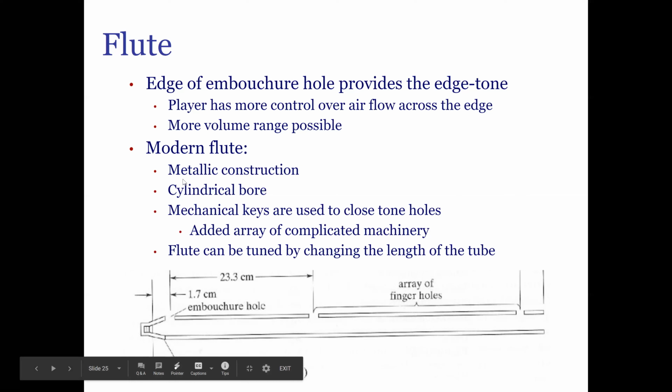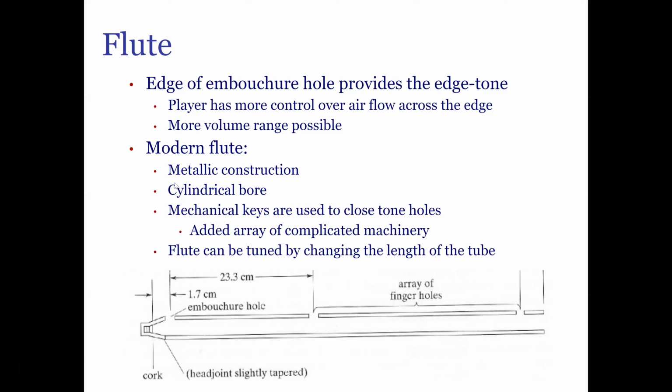The modern flute has a metallic construction. Typically, you're going to see in concert flutes things like silver and possibly even gold. As I mentioned, the body material doesn't have that much impact. It's just typically when you are going to make something out of a more expensive material, you're going to pay more attention to detail.